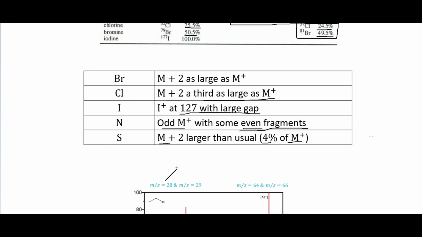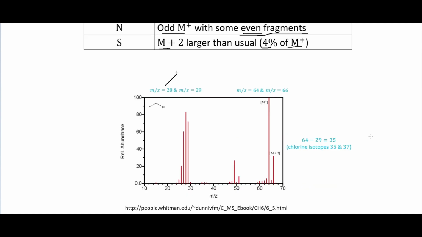And so if we look at some examples of these, first we'll look at chlorine. This is just ethyl chloride right here. We see we have an M+ peak, and then this M+2 peak right here, which is about a third the size of that M+ peak. And over here, this is the ethyl group that is coming off when the chlorine is broken off of it.